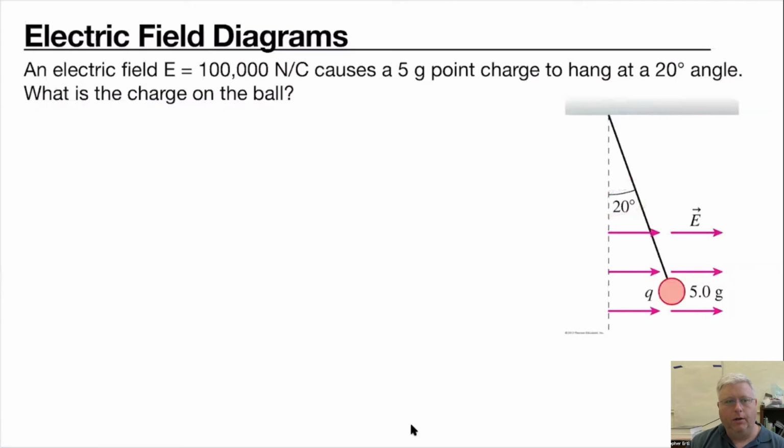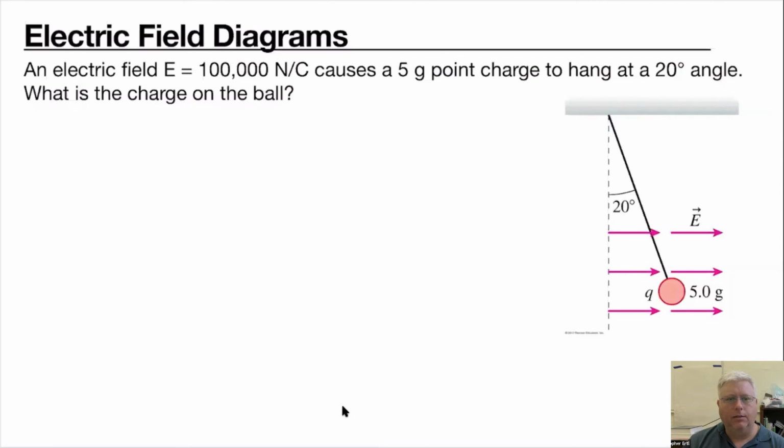Well, we know its mass. We know the electric field strength. We're given an angle here. So what can we do here? Okay. Well, this is again another situation where you're going to have to pull out of your 151 toolbox. What kind of situation do we have?